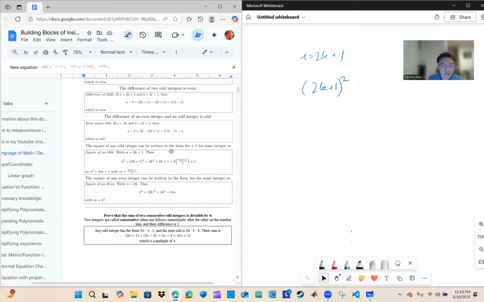I'll just leave it there because it doesn't matter at this point. I'm too lazy to fix it. That is 4k squared plus 4k plus 1, which equals 8 times k(k plus 1) divided by 2, plus 1. And this is m in this case.